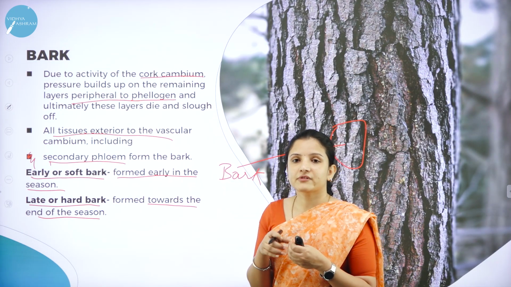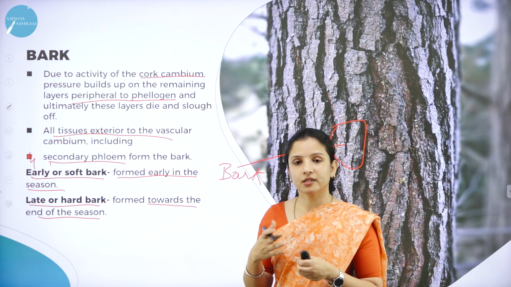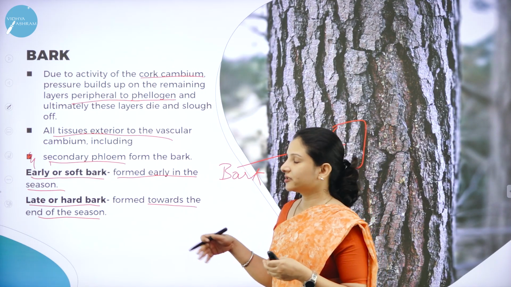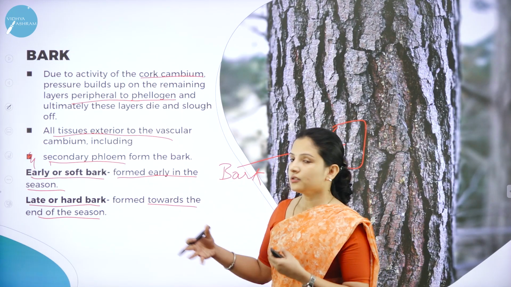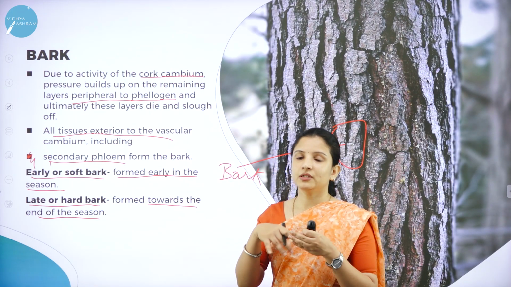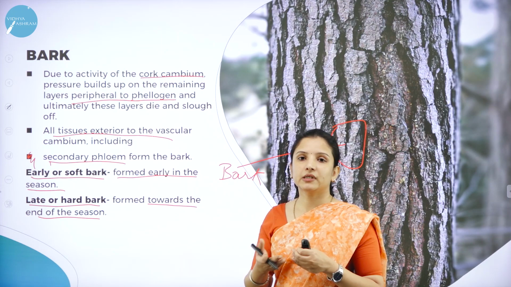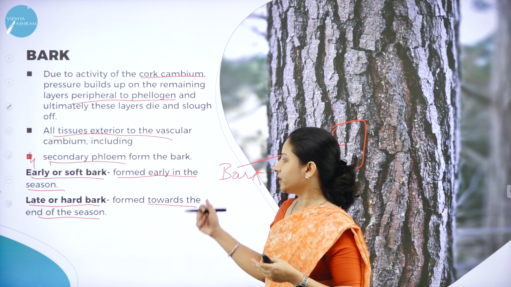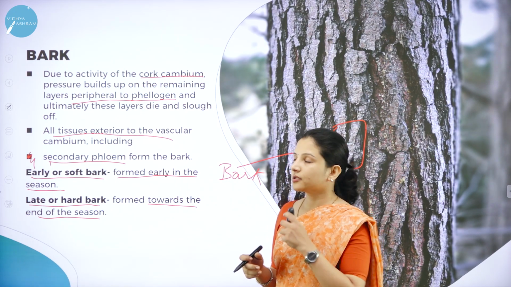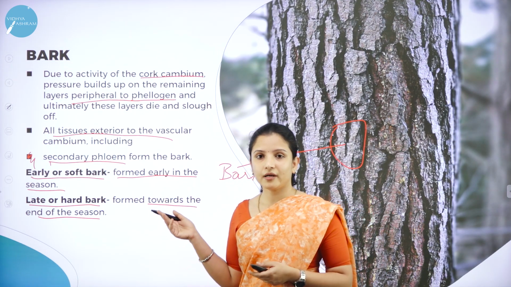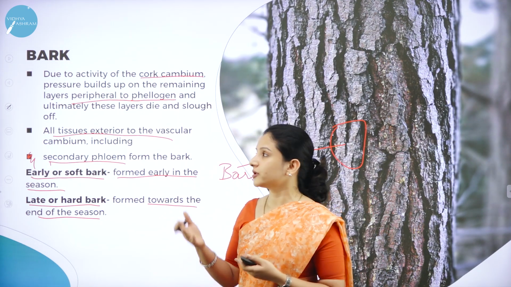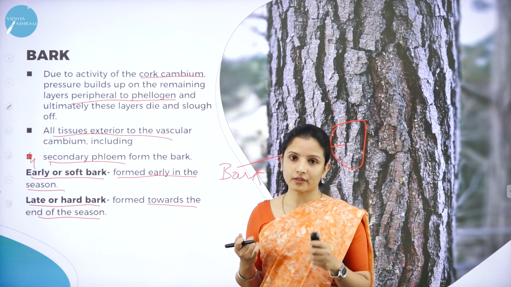Why? Because they have just started their formation in the early season. But as the season passes, at the end of the season the soft bark will mature further and become hard, and then they will form the hard bark. So this is about the secondary growth. This was about the bark that is formed due to the activity of the cork cambium.